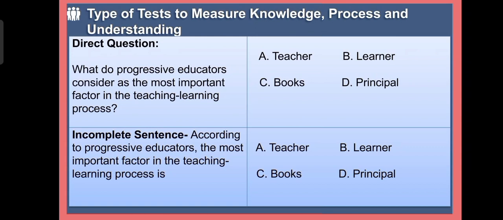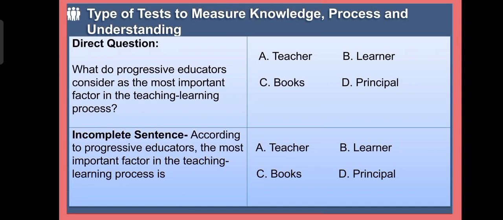The question asks what progressive educators consider the most important factor in this process, and the answer choices are A. Teacher, B. Learner, C. Books, or D. Principal. So this is the best answer type of question where all of the options are valid factors but only one is considered to be the best answer according to progressive educators.